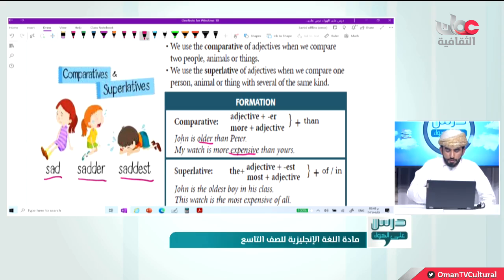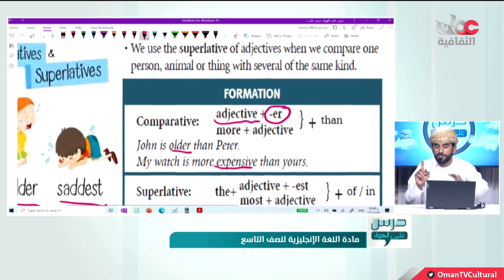For example, in the first sentence, the form first, you've got the adjective, and then you have to add ER when you compare two things. You have to have the adjective and then ER. And then it must, listen, it must be followed by than. This one is vital, mandatory. You have to put it there, right?